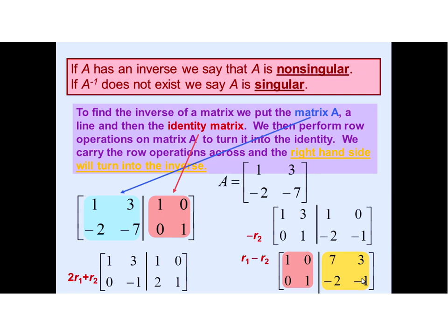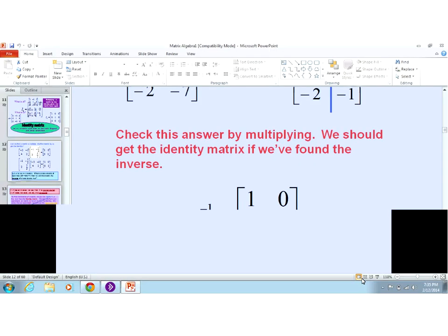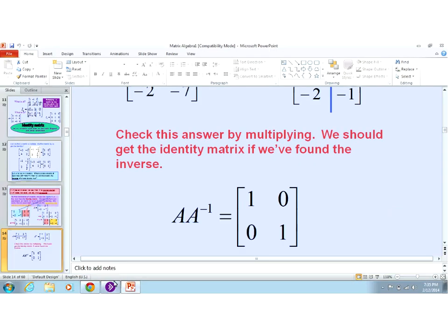We get the identity on the left side, and this matrix on the right side. So A is equal to 1, 3, and A inverse is equal to 7, 3, minus 2, minus 1. Check this answer by multiplying. We should get the identity matrix if we have found the inverse. So hopefully you understand this procedure.